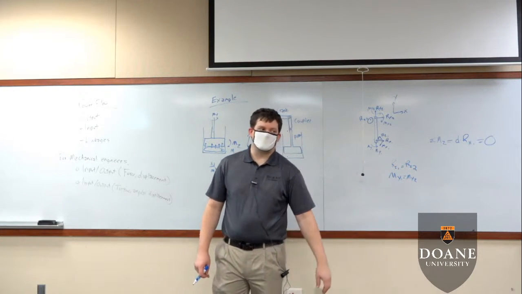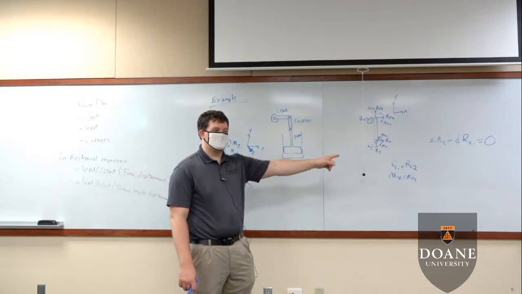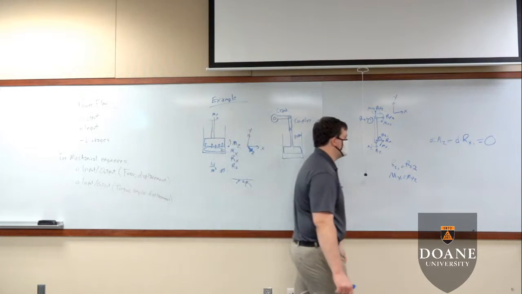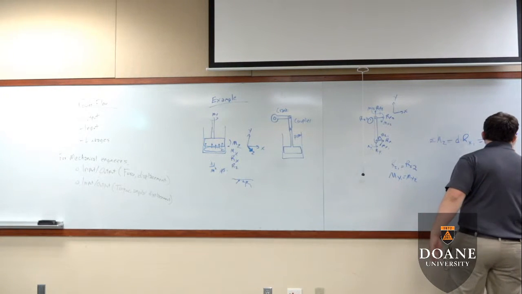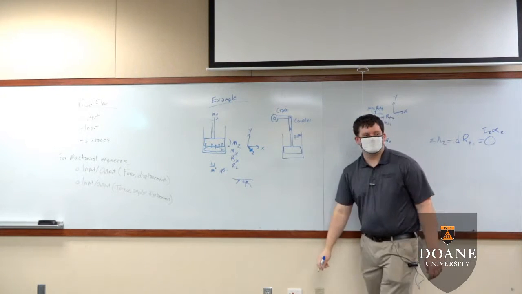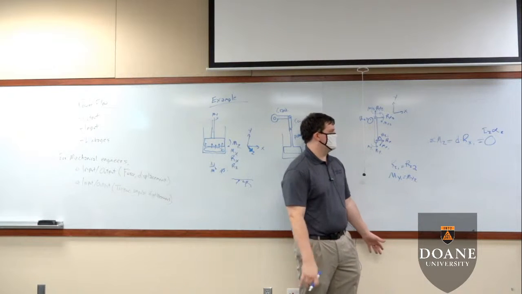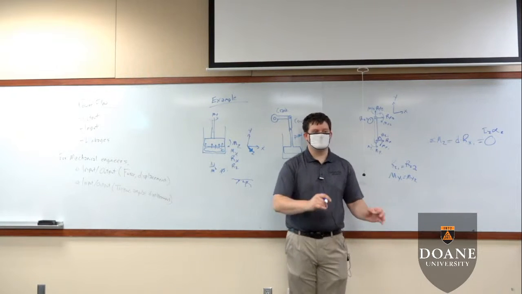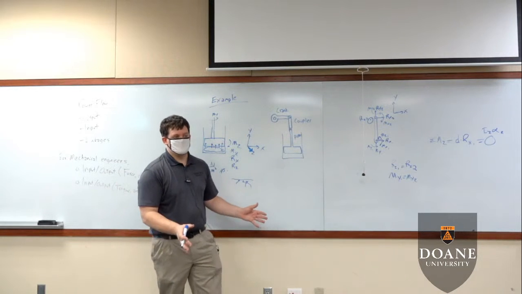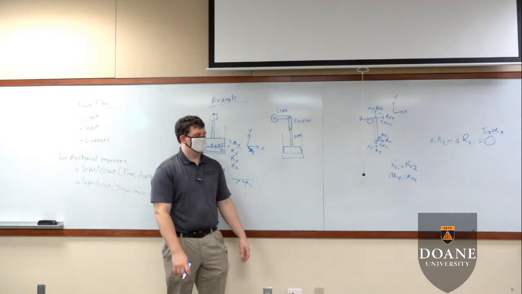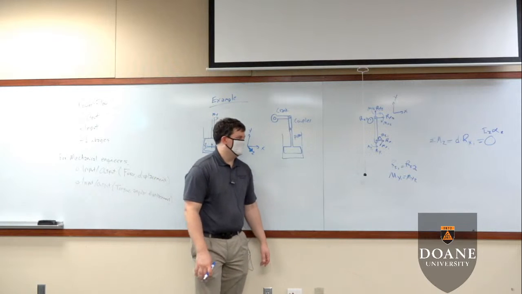Now, if your components are moving really fast, then it no longer equals 0. This ends up equaling an IZ, alpha Z. But for the sake of this, we're assuming that alpha Z is so small that we don't need to consider it, okay? It does make the math a lot easier.